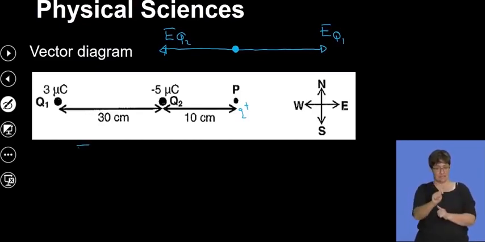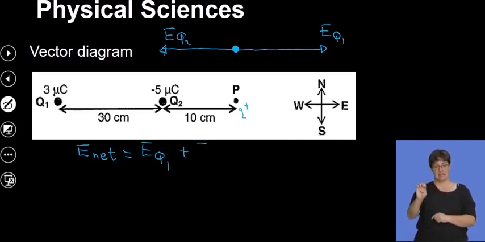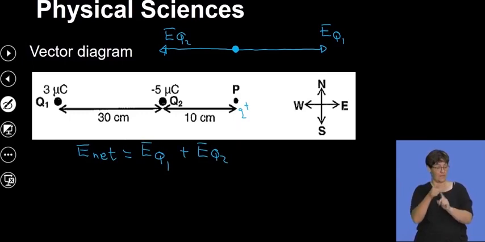E net is equal to E due to Q1, okay, plus E due to Q2, right? So the plus suggests addition, the resultant, the sum, which is the net, right? And then E due to Q1, now we know the formula.